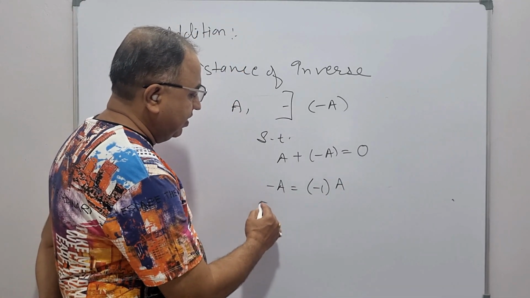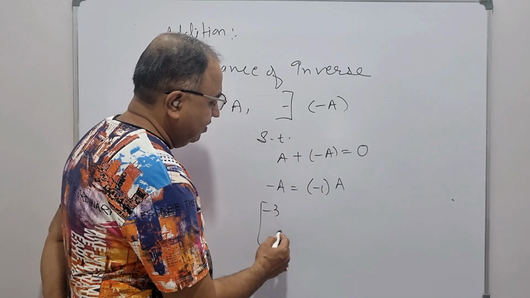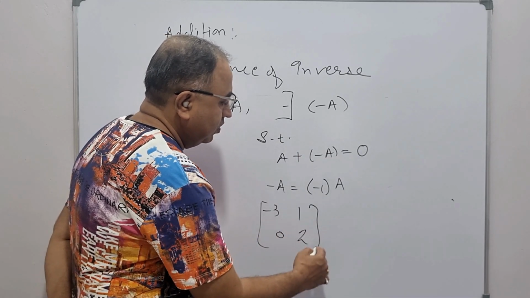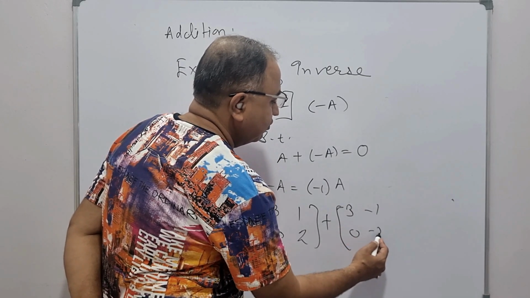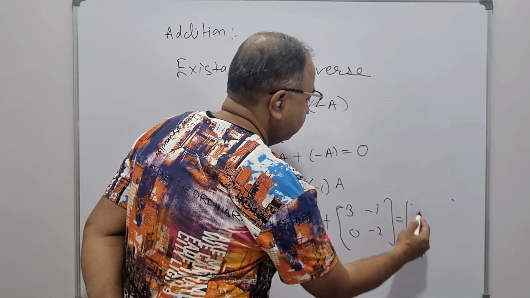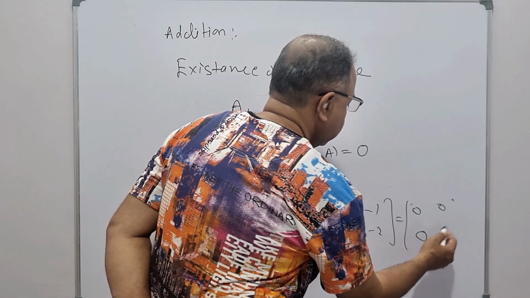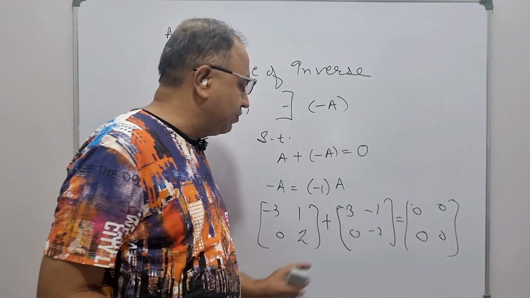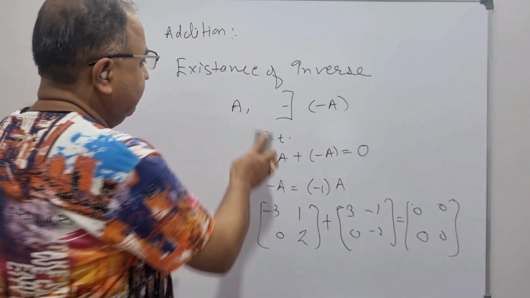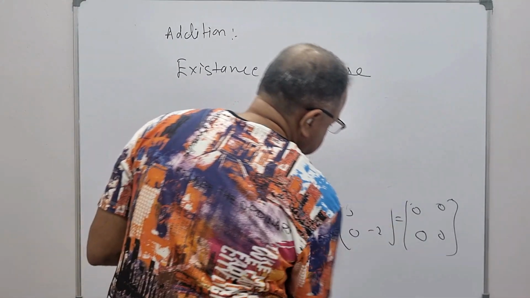So for example, if I take the matrix minus 3, 0, 1, 2, what is its additive inverse? It is 3, minus 1, 0, minus 2, so that whenever you add them, the result is a null matrix of the same order. So both are called additive inverses of each other. This is the algebra of addition.